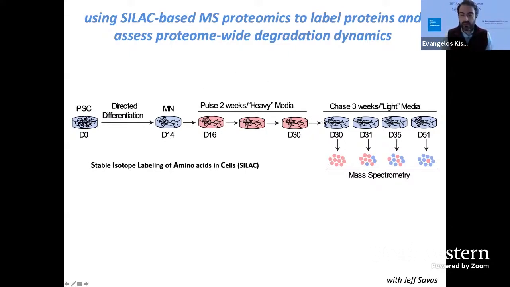At the end of these 2 weeks, at the time point when we know misfolded SOD1 protein starts accumulating in the insoluble fraction, we switched the media and chased out the heavy proteome, and performed mass spectrometry to quantify the abundance of older proteins as motor neurons mature.